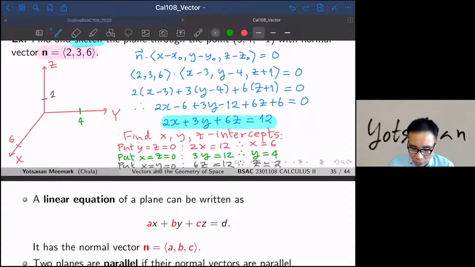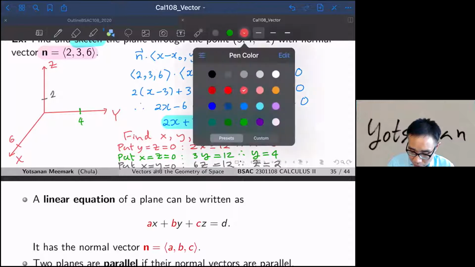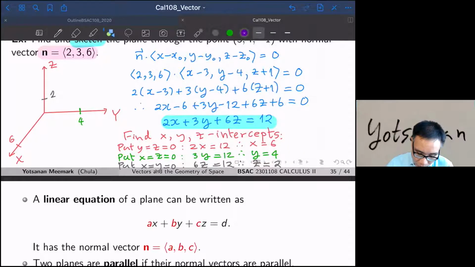So you're going to connect these three points together. I'm going to use another color. I connect these two together, these two together, and these two together. Okay, so this turns out to be the plane that we're looking for. It's not a triangle.